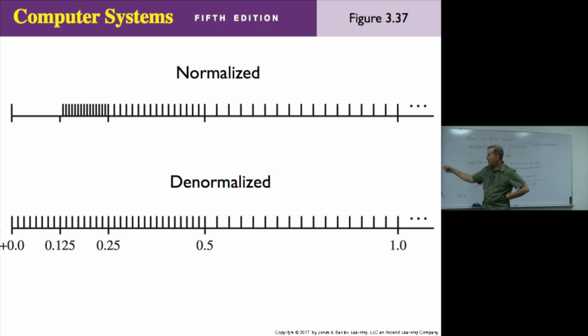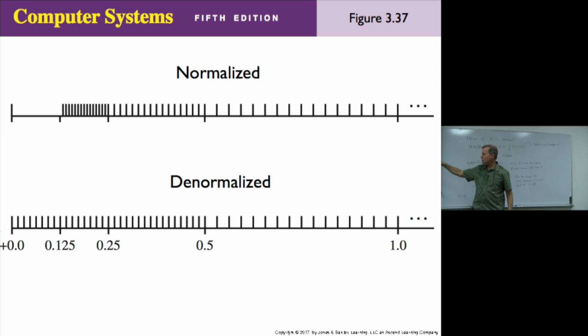Between 0.125 and 0.25, the adjacent values are all close together. Those are for a multiplier of 2 to the minus 3. Then the next 16 numbers are between 0.25 and 0.5, with a multiplier of 2 to the minus 2. Then the next ones are 2 to the minus 1. Each time you go up by 1 in the exponent, they get more spread out.